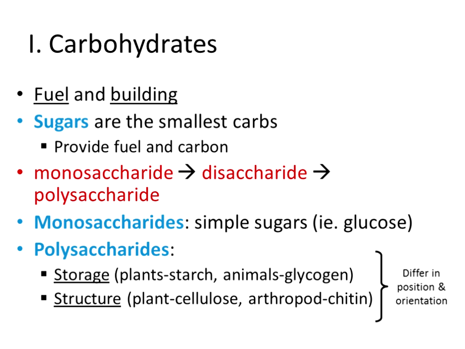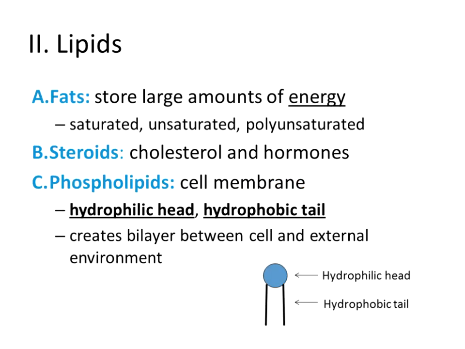And for structure, plants use cellulose that's found in the cell walls of their plant cells, whereas in animals, we tend to find our carbohydrates used as structure in exoskeletons in the form of chitin. And basically, it's just a difference in the arrangement or the orientation of these monosaccharides and the position that they're in in those polysaccharide combinations that determines which of the molecules it becomes. It has to do with its arrangement and sequence.